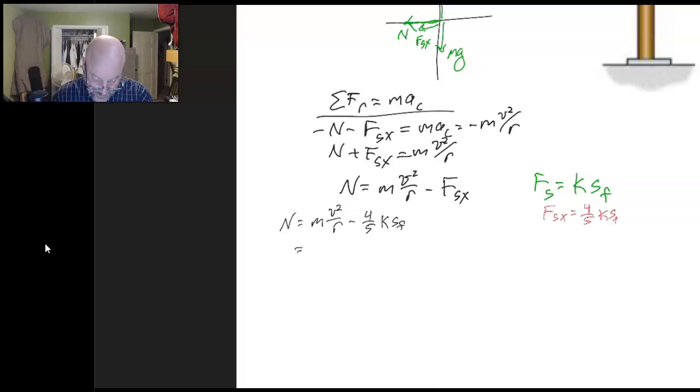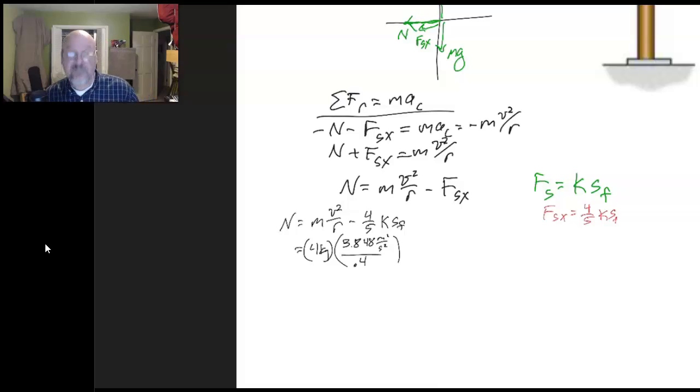Let's throw some numbers in there. My mass was 4 kilograms. My velocity squared term, I had that, was 3.848 meters squared per second squared, and then divided by r, which was 0.4.